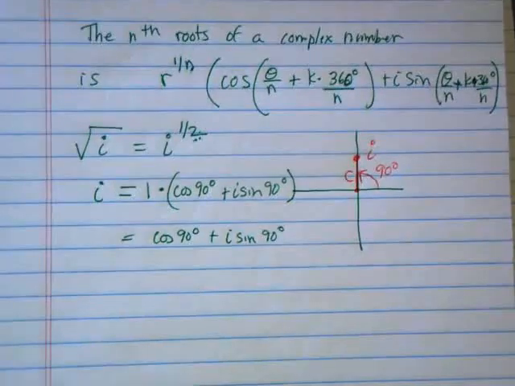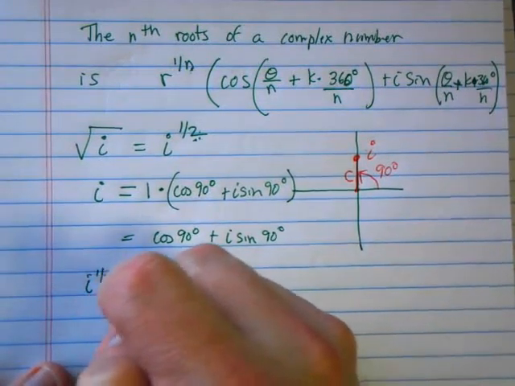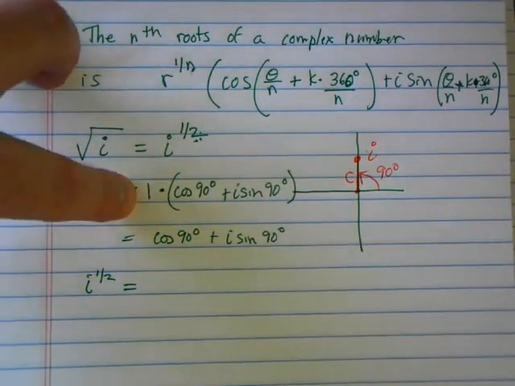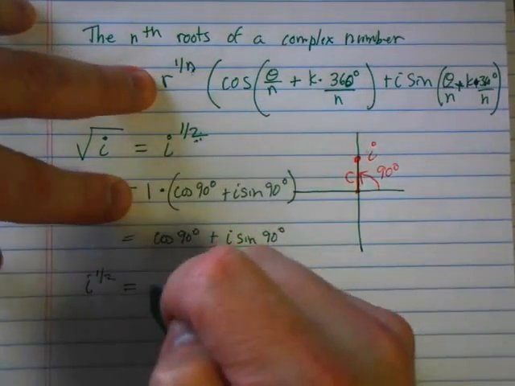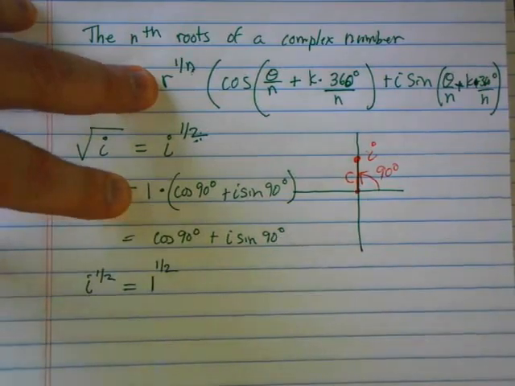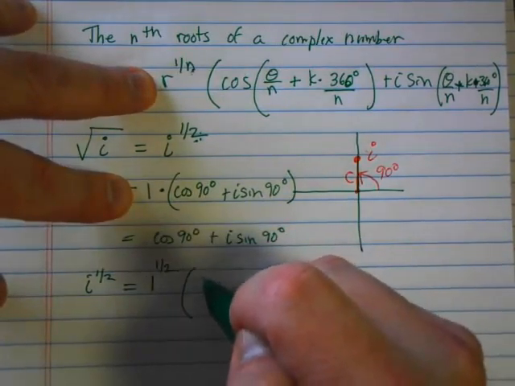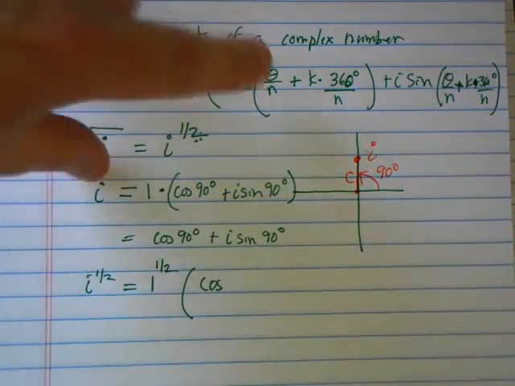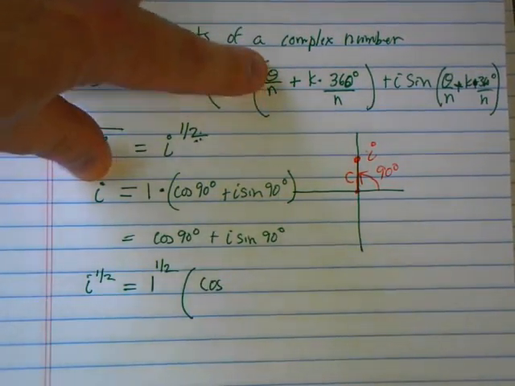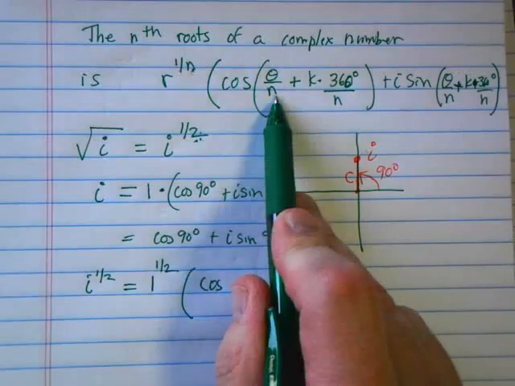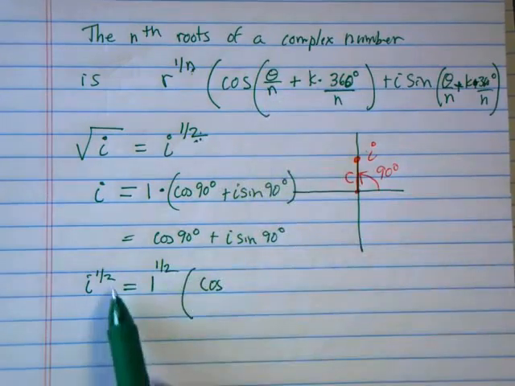All right, so I to the 1/2 is going to be my r number. My r number was 1, so I'm going to write it down. It would be 1 to the 1/2 times cosine of theta over n. Theta is 90 degrees, and n is 2 because we're doing square root.